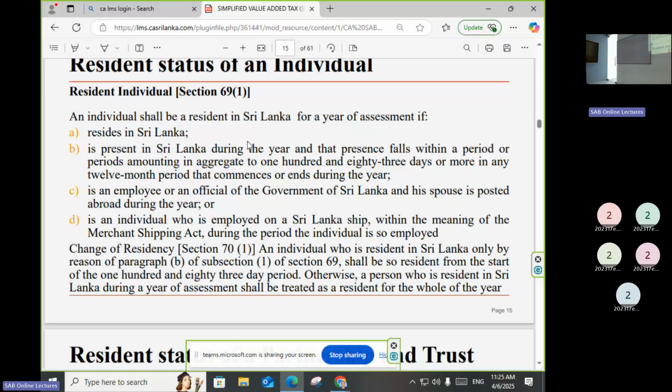The second is a person who is physically present in Sri Lanka for 180 days or more in any 12-month period. For that period, he shall be considered a resident individual.